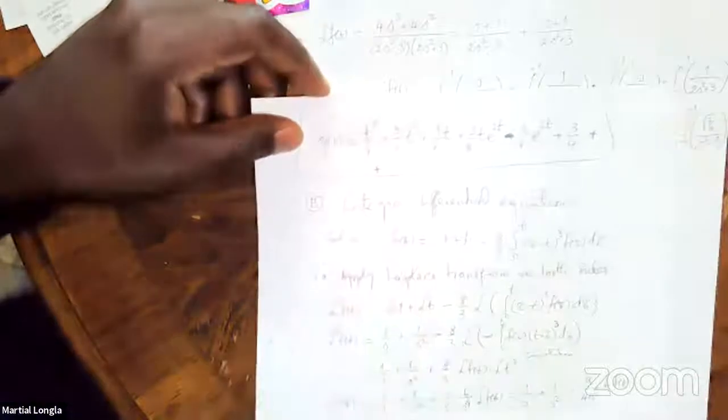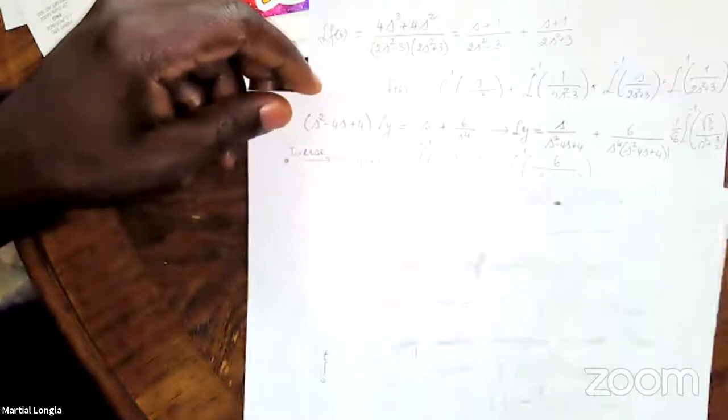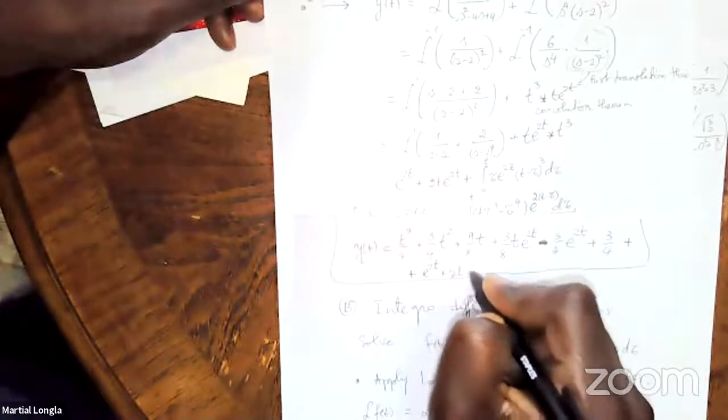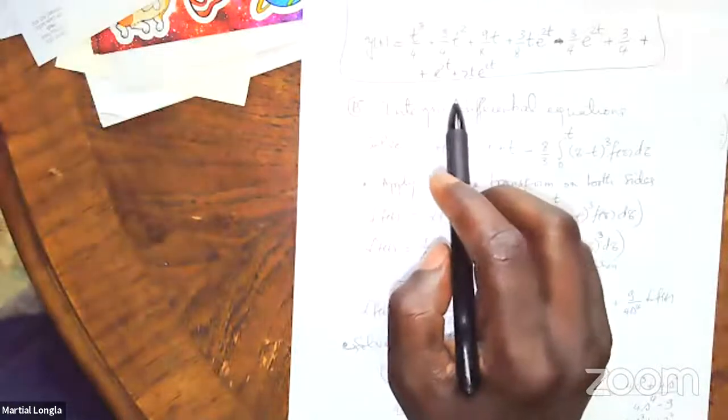So the answer y of t is this plus e to the 2t plus 2t e to the 2t, which is the piece that we had before the convolution, and all the answer we had here was just computing that convolution. So that's the final answer to that problem, has to have these 2 things added.